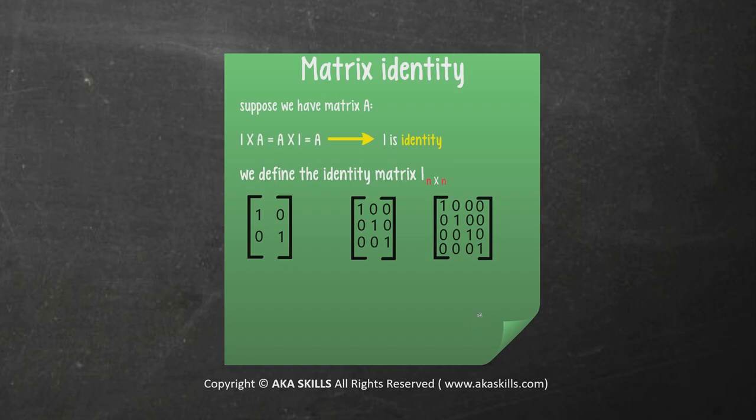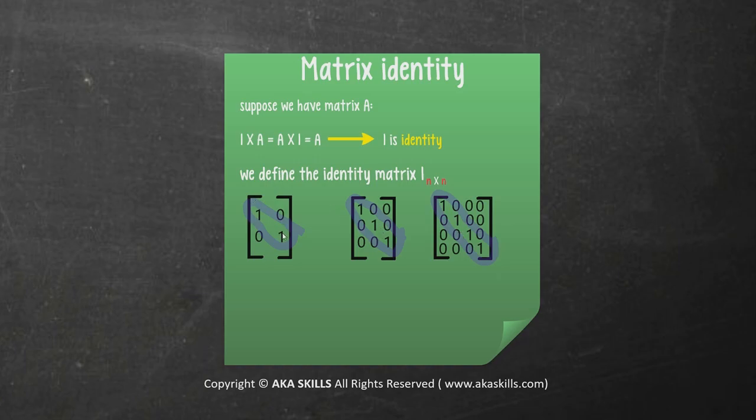From these examples, we can conclude a rule: identity matrices are always 1 in the diagonal and always zeros in the rest. You see, this is the first situation, this is the second example, and this is the third example.